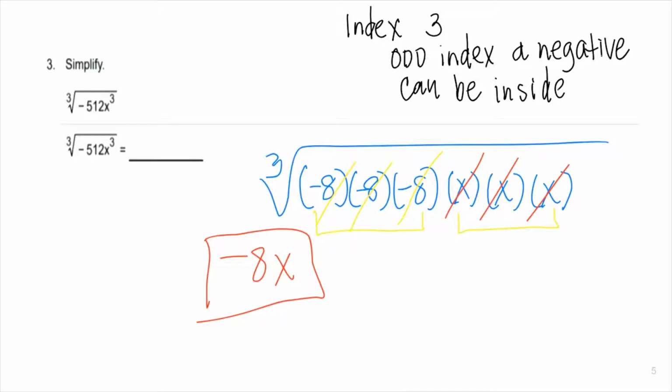Any questions on this one? So just breaking down the radicals, looking at the index. My index was 3. So I'm looking for 3 repeated factors.